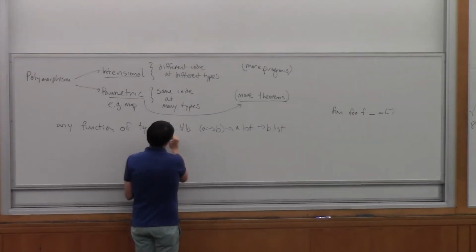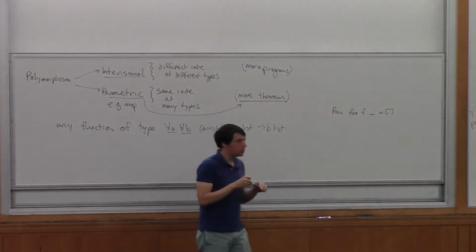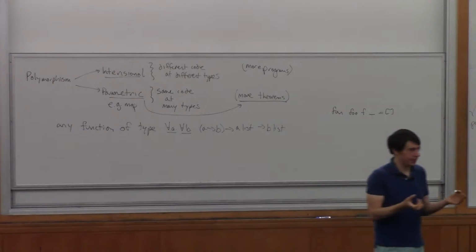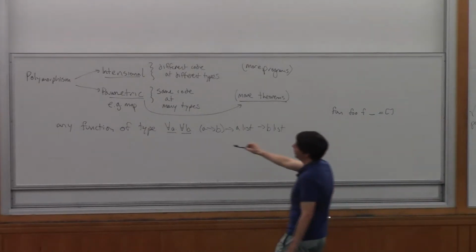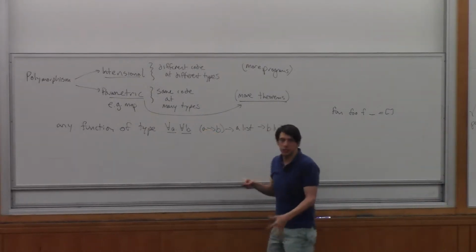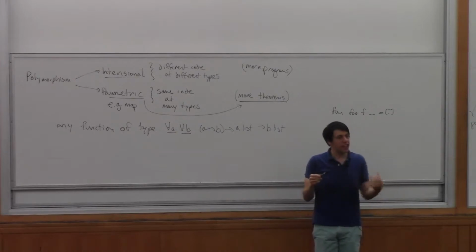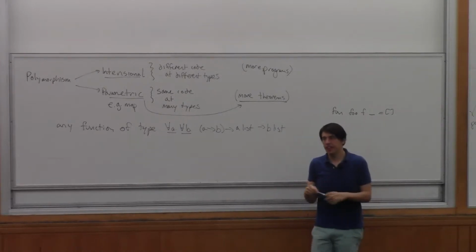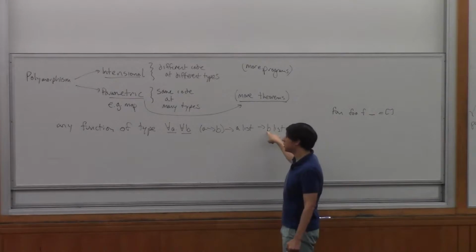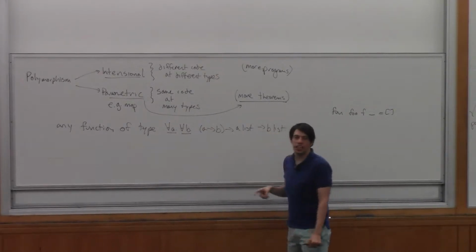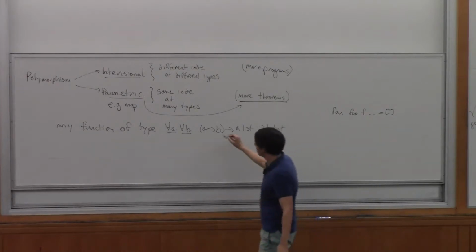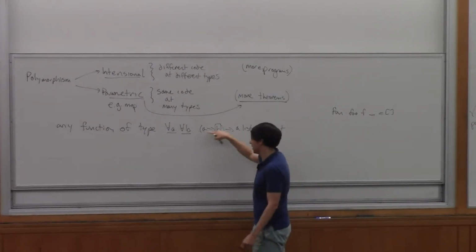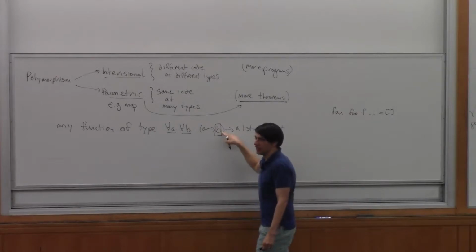So if we're going to work uniformly parametrically in the types, then this piece of code, if it's going to work for all B's, has to treat B as an unknown. It has to treat A as an unknown. Therefore, if it's ever going to produce a B, how can it possibly do it? Well, the only way to make B's is this method of making B's that you provided as input.